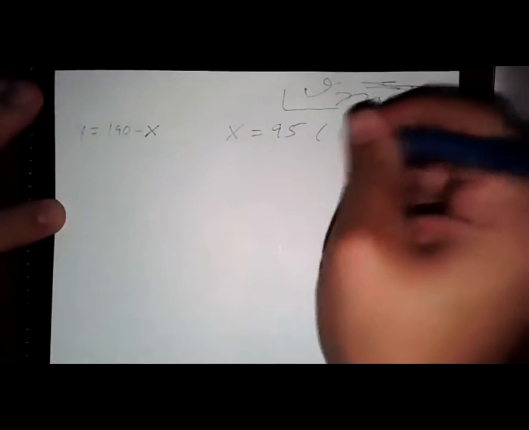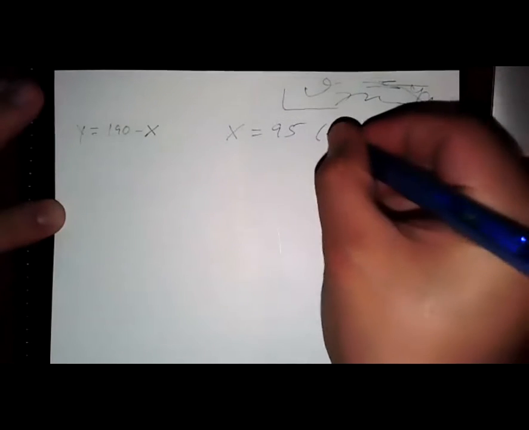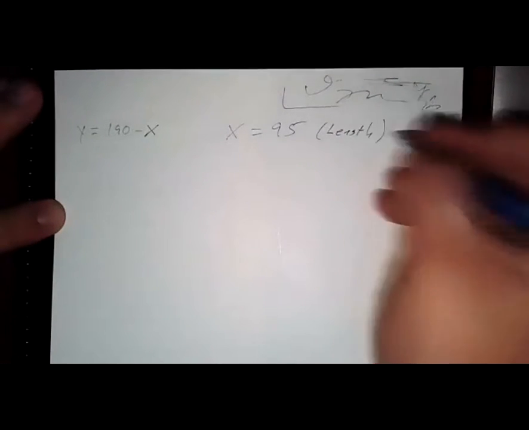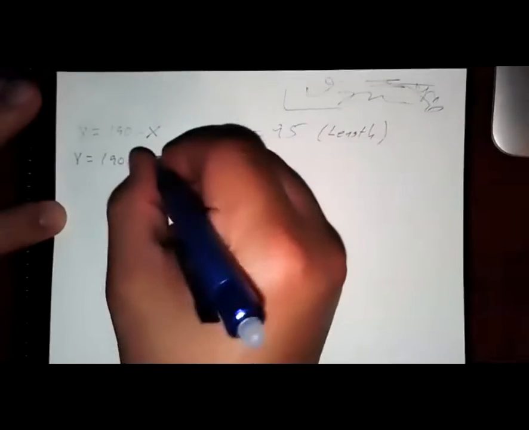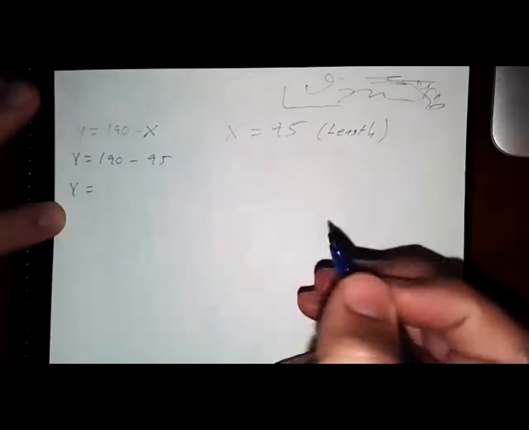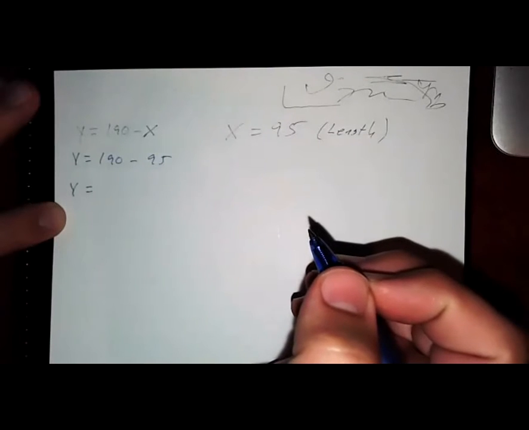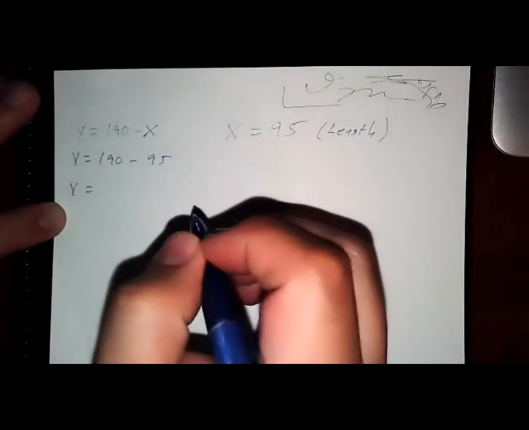I'm sorry, this is length, wasn't it? So y would be equal to 190 minus 95. So what is my width? See, 190 was the width.